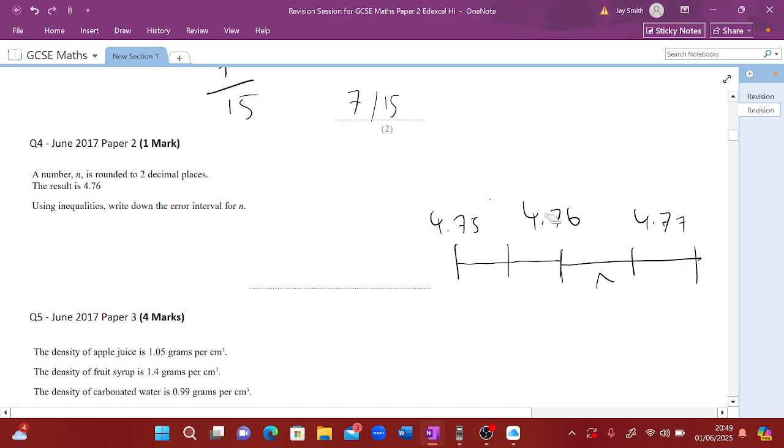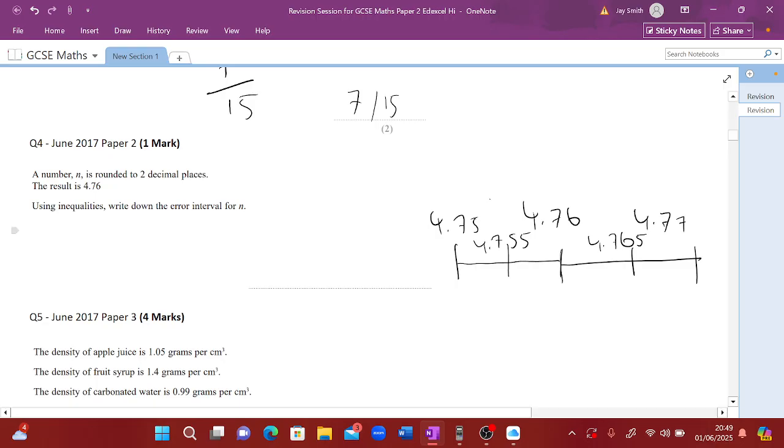Well, how are we going to do that? It's the midpoint, right? It's going to be in between 4.76 and 4.77. So it's going to be 4.765 and 4.755. Hopefully you can see that, because it's in between 4.75 and 4.76.